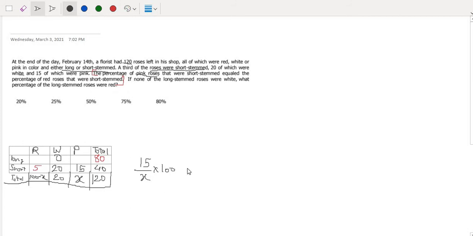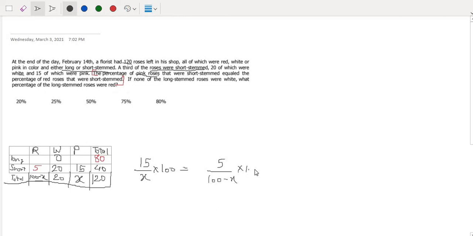Now this percentage is equal to the percentage of red roses that were short stemmed. So total red roses are 100 minus X. Out of them, 5 are short stemmed.